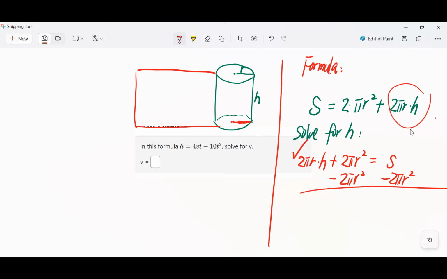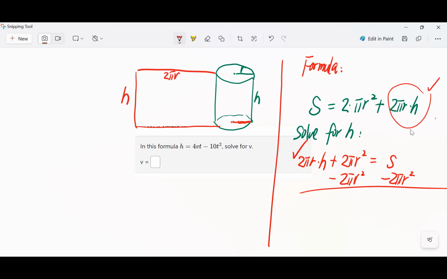On the top, this is basically the perimeter of the circle, which is 2 pi r, and then the height is h. For a rectangle, the area is side times side, so 2 pi r times h, and that's how we get this.